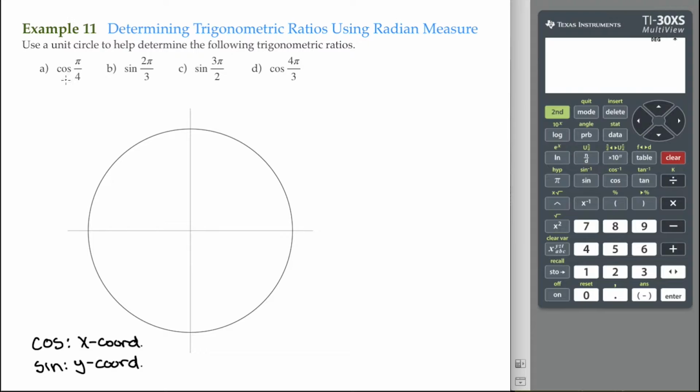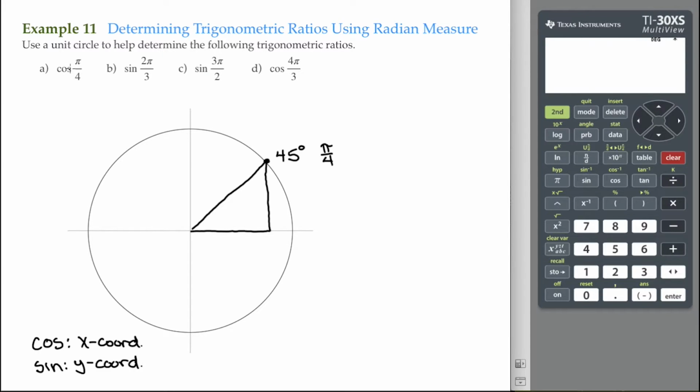So here we have the cosine of pi over 4. Pi over 4, that's right here. Pi over 4 as an angle measure is 45 degrees. So, of course, what this does is it creates our special right triangle, our 45, 45, 90 special right triangle.